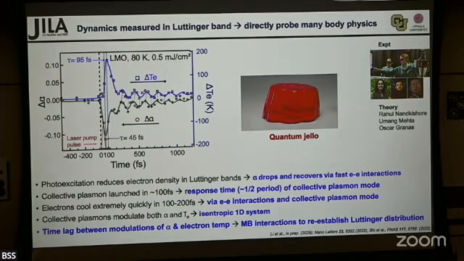This is the frequency corresponding to the electron density in the Luttinger band. It's like a plasmon, but it's not the low energy excitation, which is a two electron one. It's a collective plasmon of the whole density in the Luttinger band.